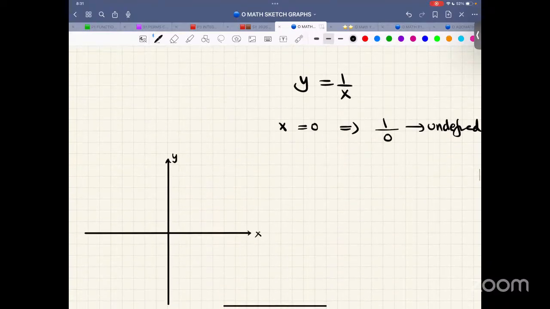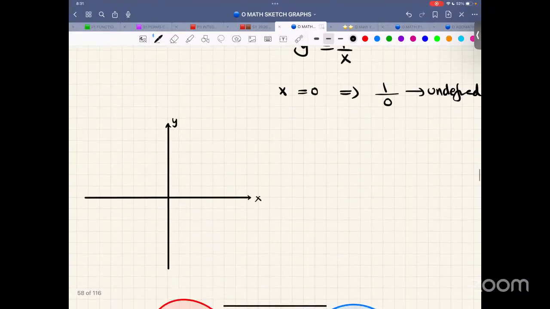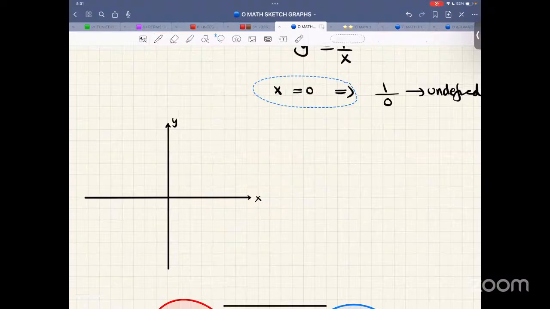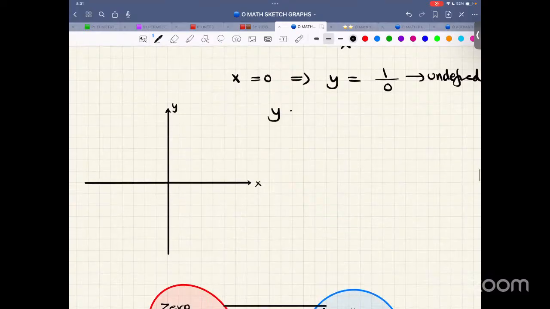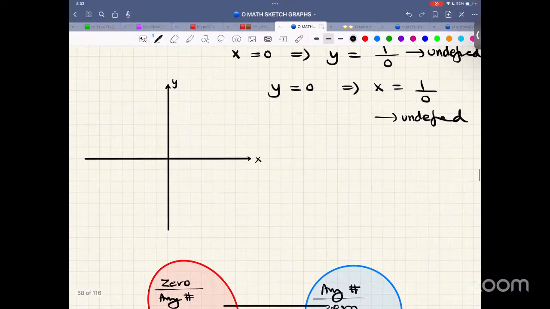So when x is 0, y is 1 over 0, y is undefined. Similarly, if y is 0, x is 1 over y, 1 over 0, that is also undefined. That means now I have two asymptotes.